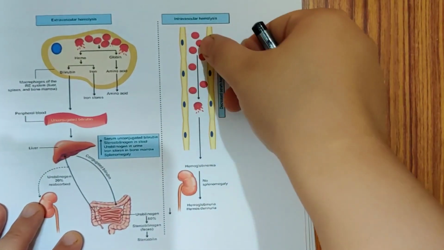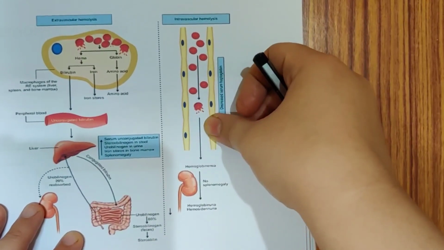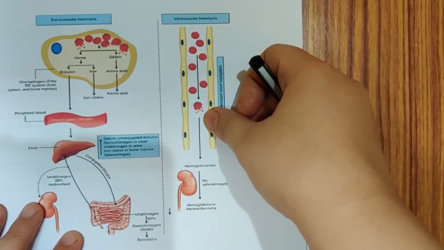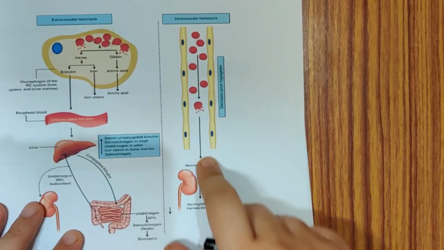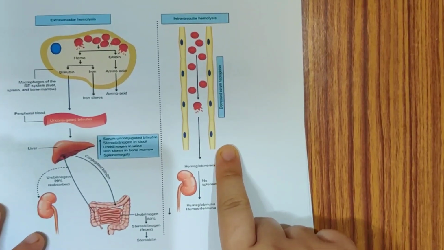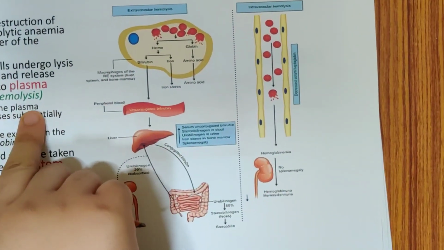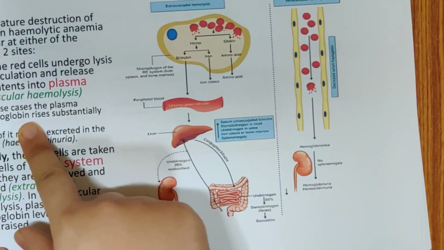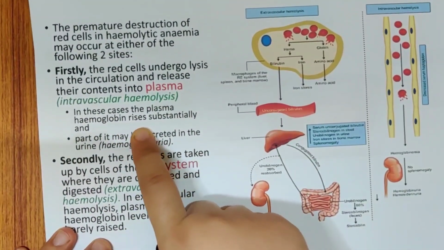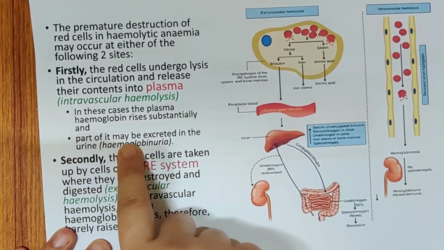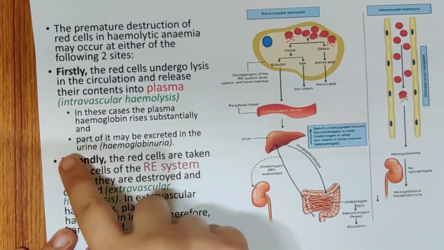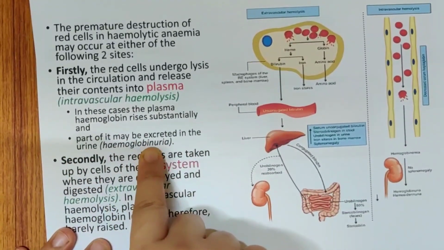Inside the blood vessels, when the red cells get destroyed or hemolyzed, they come out into the plasma. In these cases, the hemoglobin in the plasma rises substantially. Part of it may be excreted in the urine as hemoglobinuria.